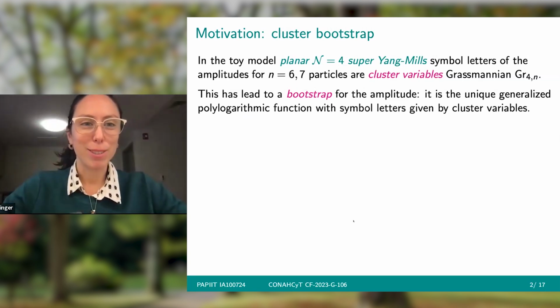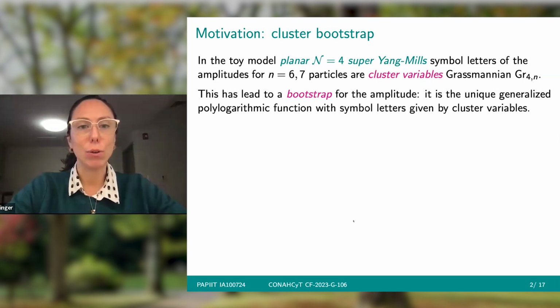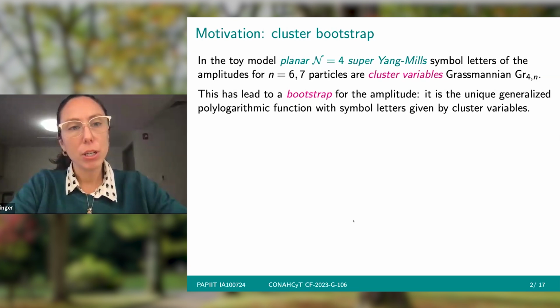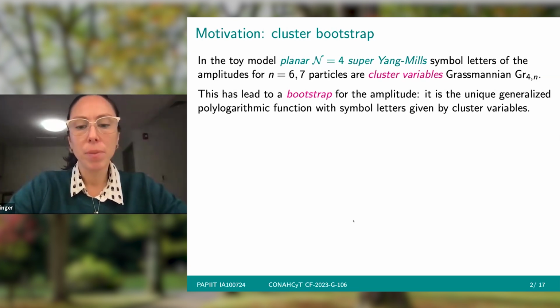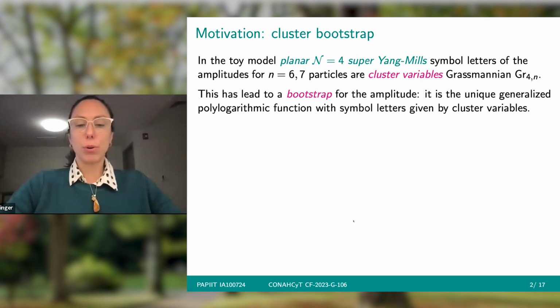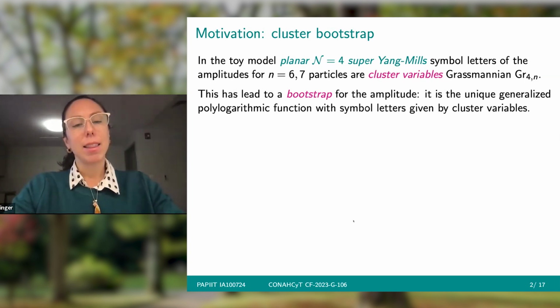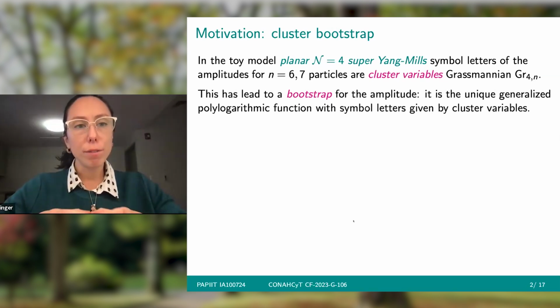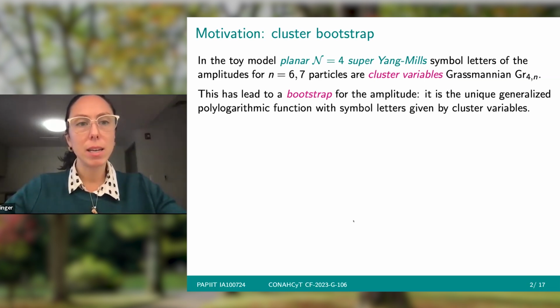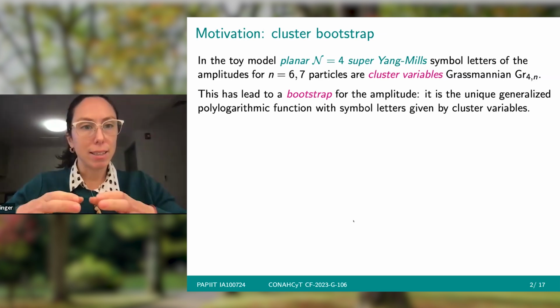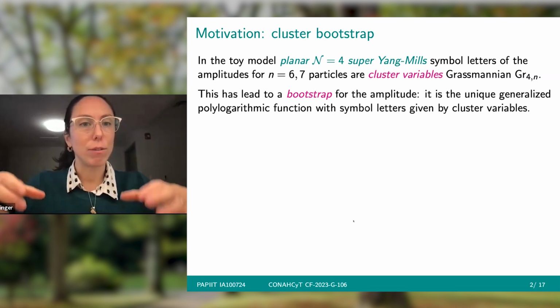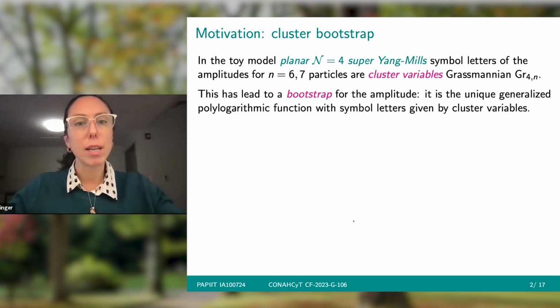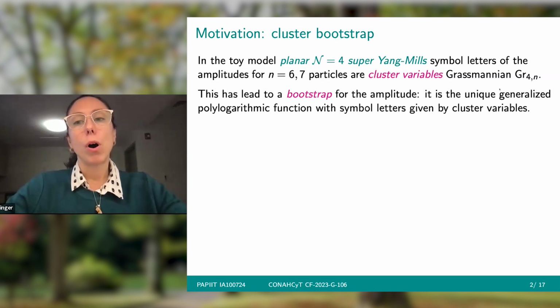Now we enter the part of the story where my work connects, and that is a funny observation made about 10 years ago by Goncharov, Volovich, Vergu, and Spradlin. They discovered that the symbol of the scattering amplitude in a particular toy model, planar N=4 super Yang-Mills, when we consider 6 particles or 7 particles, coincides with a certain set of cluster variables, or in these cases the whole set of cluster variables on the Grassmannian.